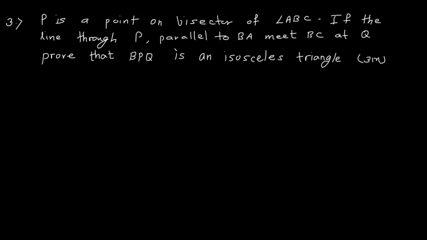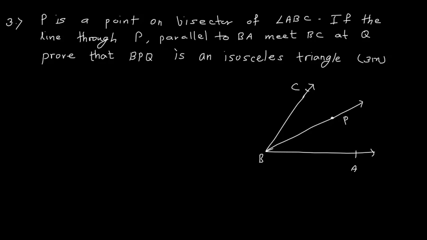Let us draw one angle, let this angle be ABC. So this is A, this is B, this is C. We have the angle bisector of this ABC, and on this angle bisector we have a point P.